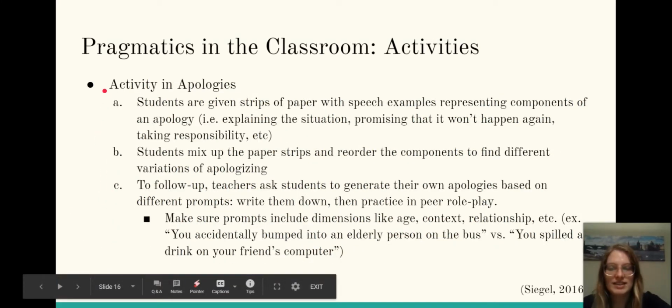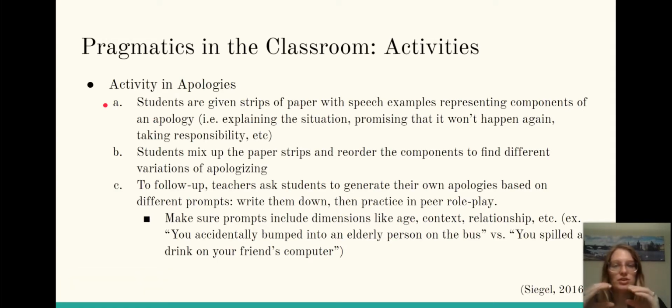And then this activity puts all of those smaller activities together. An activity in apologies. Students can be given little strips of paper with speech examples representing components of an apology. For instance, if I broke somebody's lamp. One strip would be explaining the situation. I'm so sorry, I broke your lamp.